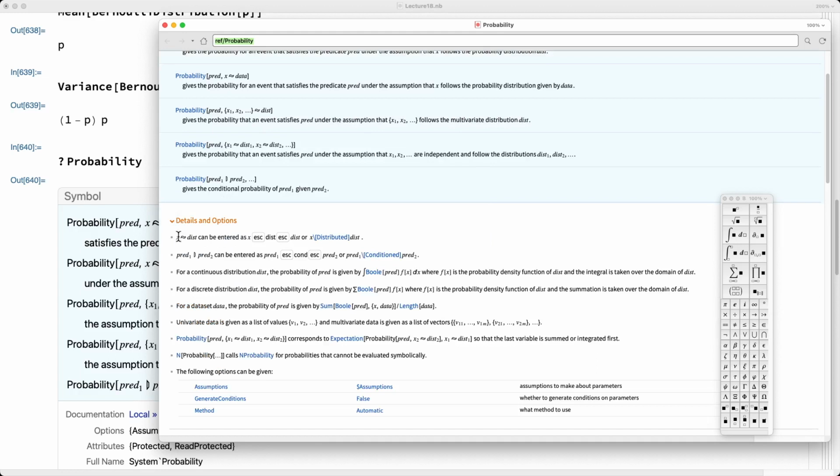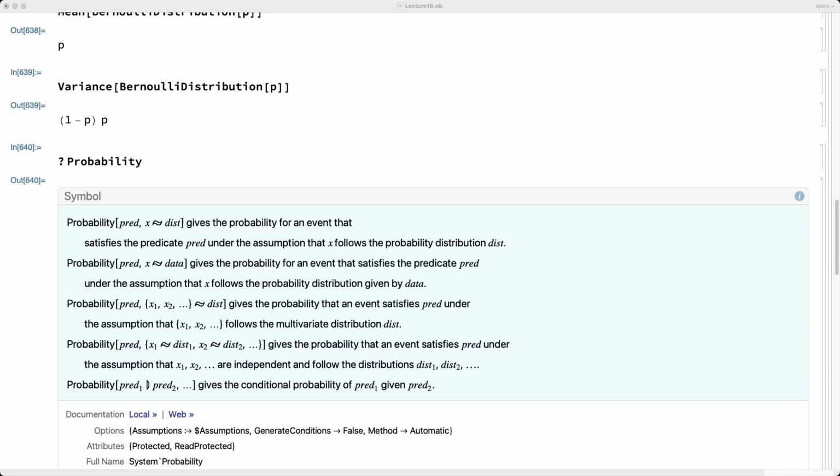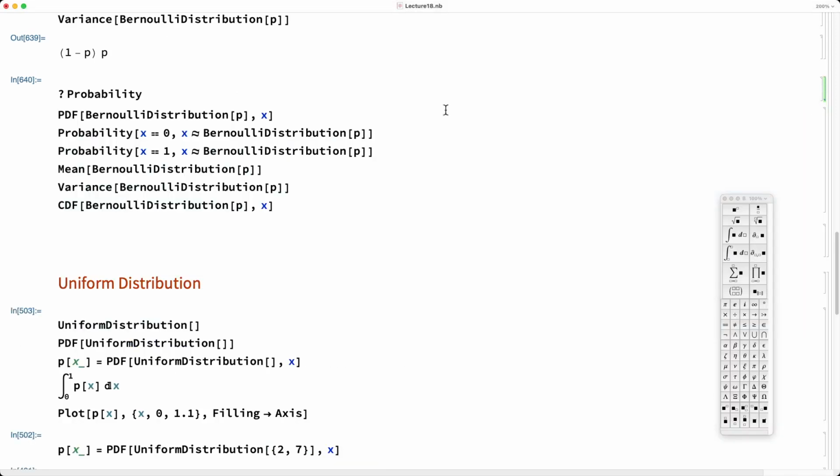And this x distributed according to some distribution can be addressed like this, or you can copy paste it from the documentation. Okay, so let's close this.